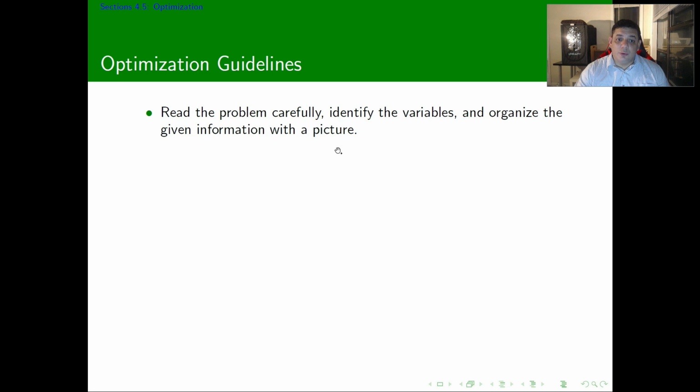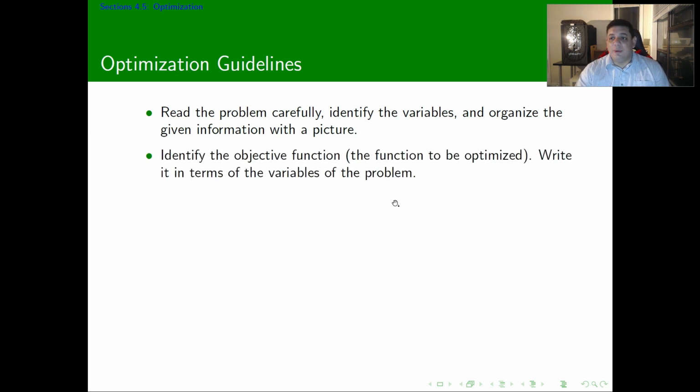So the first thing is we have a couple of guidelines that we can use when we're doing optimization. First, we need to read the problem carefully. We're going to identify what the variables are, organize the information, maybe make a picture, and then with that, we're going to identify what our objective function is, which is the function that we need to optimize. Then we're going to write it in terms of the variables of the problem.